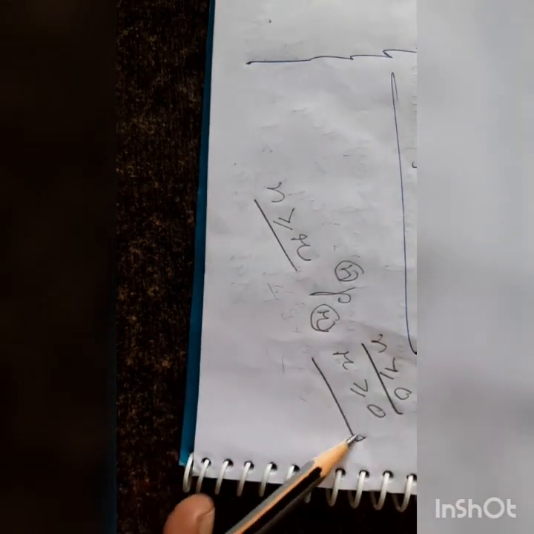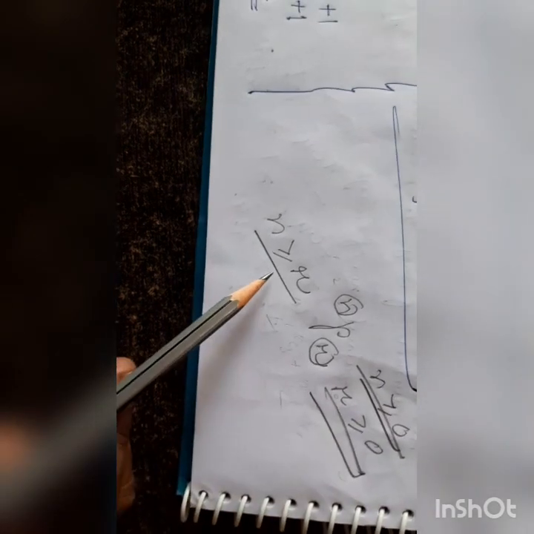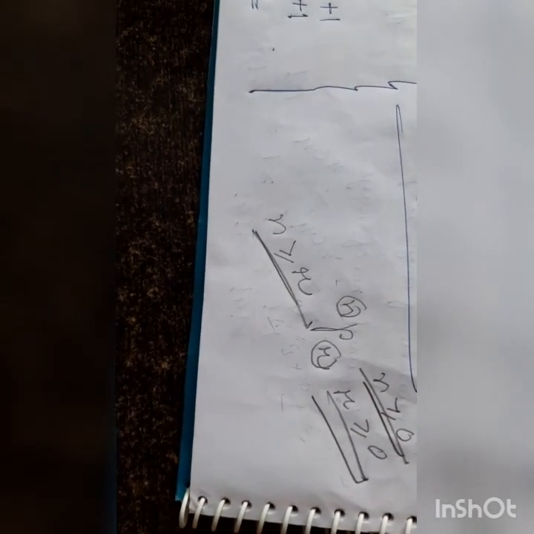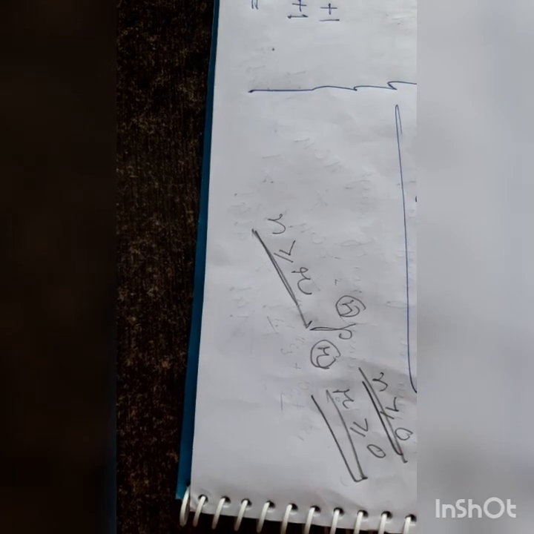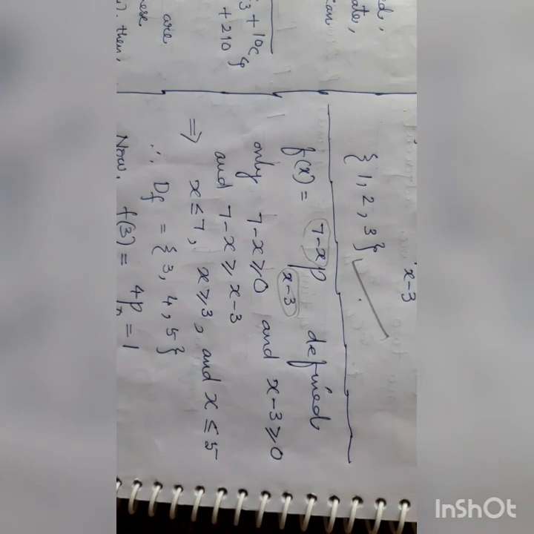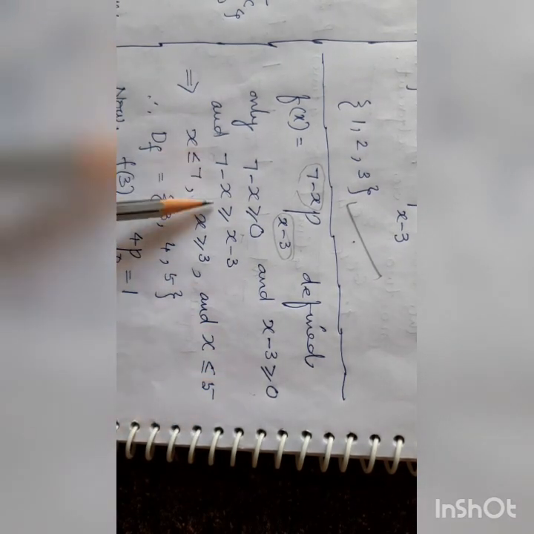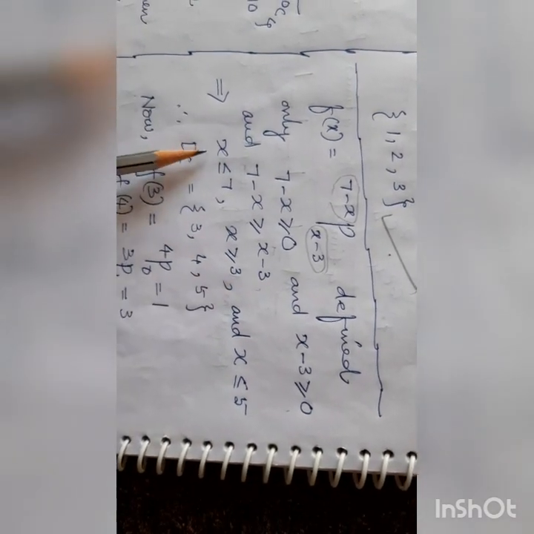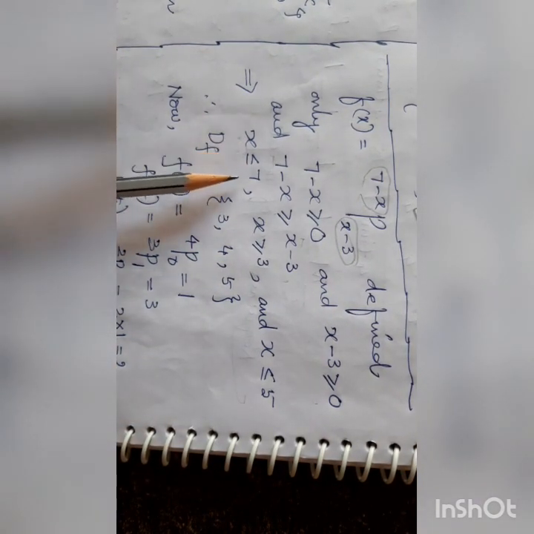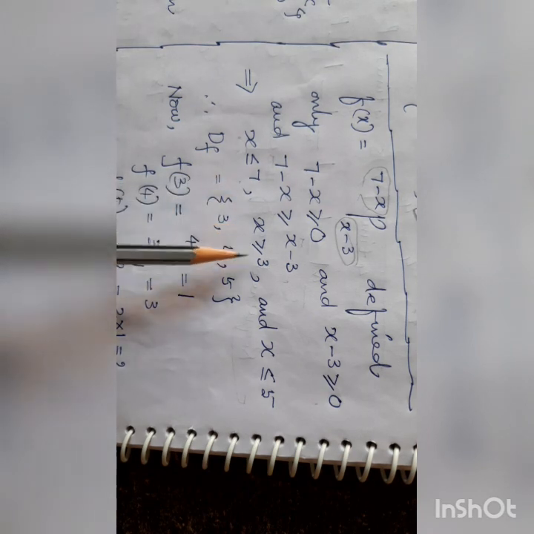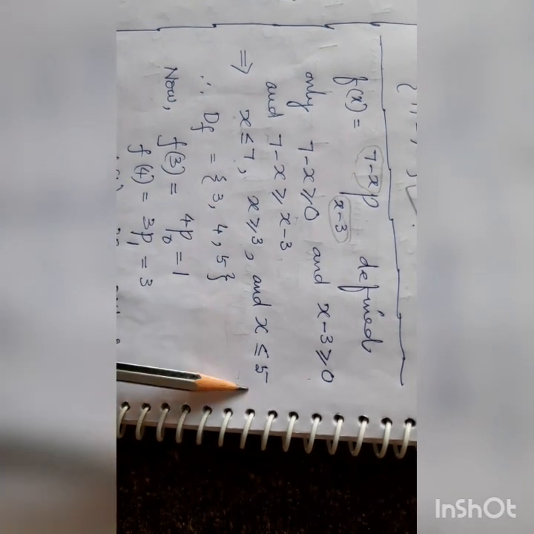So here 7 minus x greater than or equal to 0, x minus 3 greater than or equal to 0, and 7 minus x greater than or equal to x minus 3. Simplifying, x less than or equal to 7, x greater than or equal to 3, x less than or equal to 5.